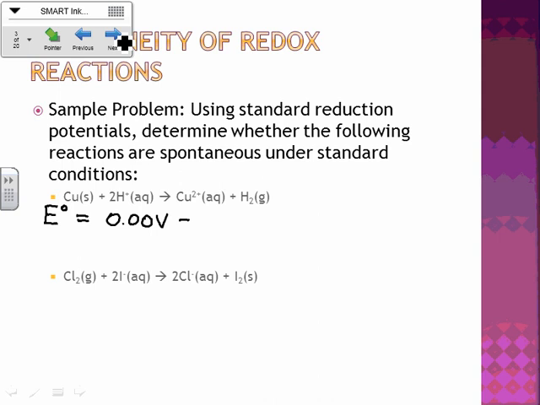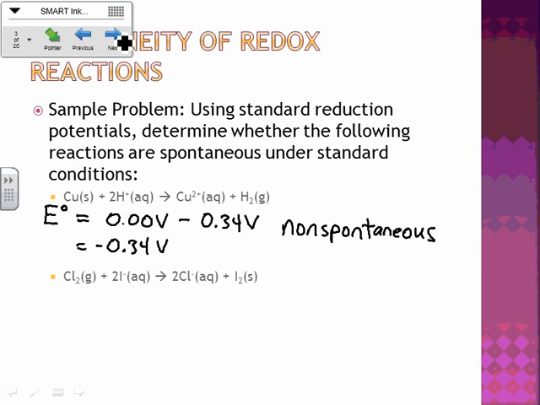Copper going to copper 2 plus is 0.34 volts. So you can see here when we subtract those two, we get a negative number. A negative number means it is non-spontaneous. So that just confirms what we thought we knew here. Copper does not react with H plus ions to form copper 2 plus.